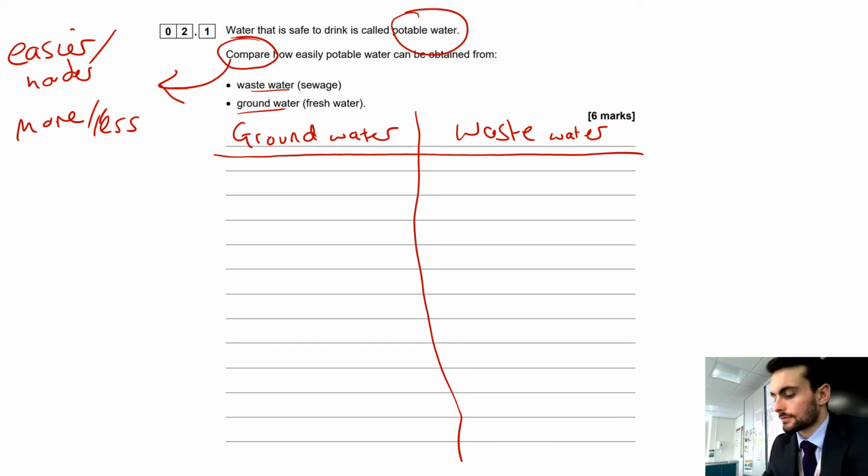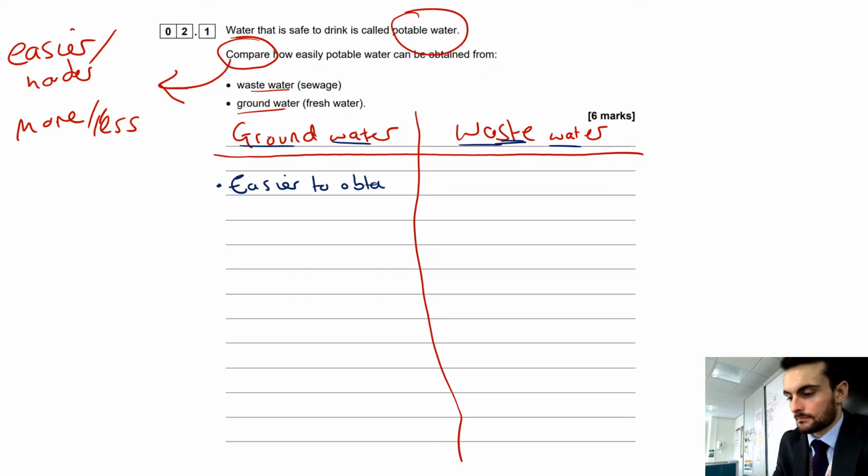So for this one, to start off with, you're going to need to know your processes behind it. You should know the process behind getting drinkable water from groundwater and drinkable water from wastewater. You should know the sequence. So for this one, the first thing is groundwater is actually easier to obtain because there's not as much involved, it's everywhere, right?